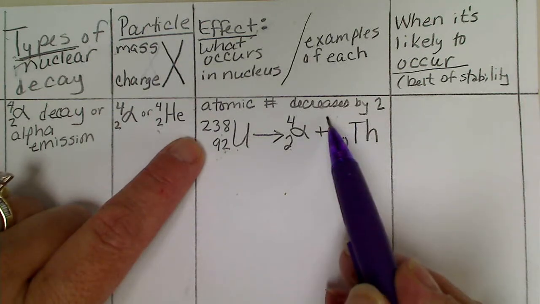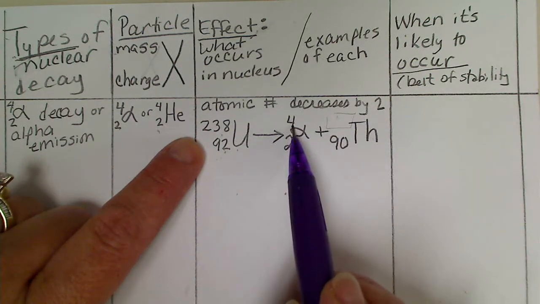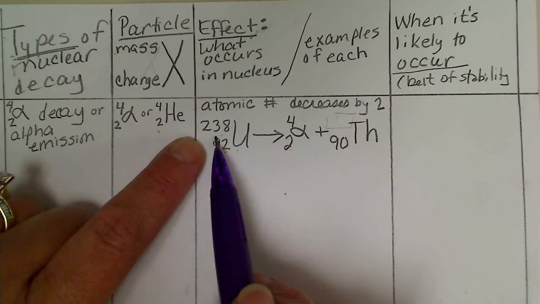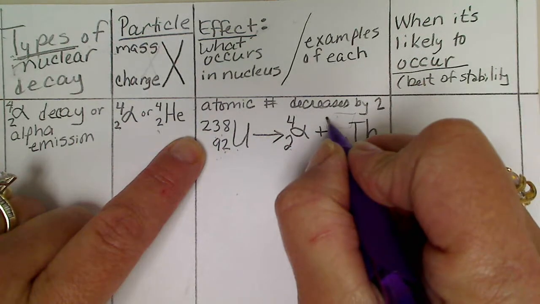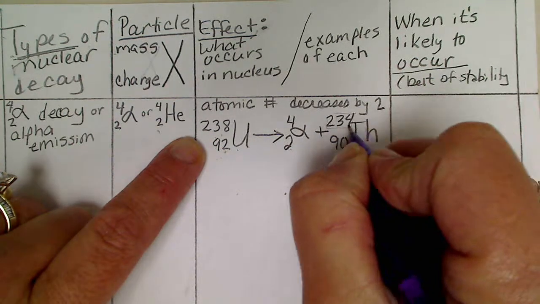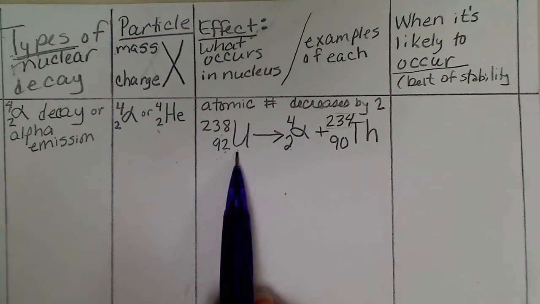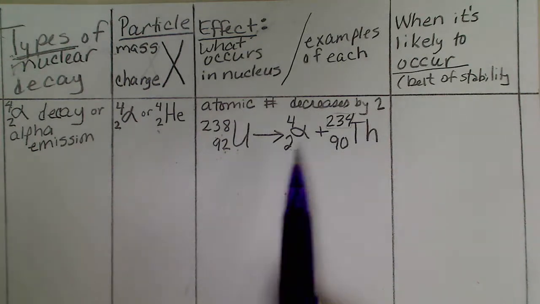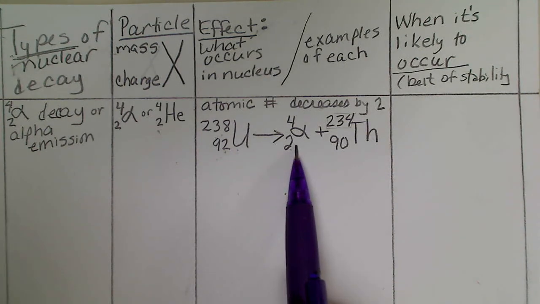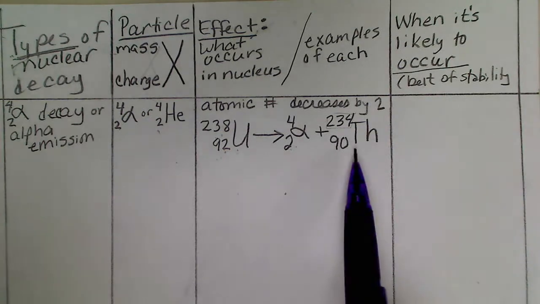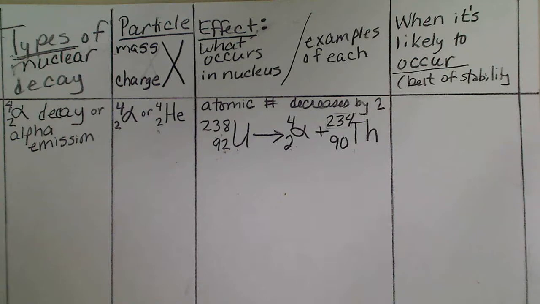So we just have to figure out what number plus 4 adds up to 238. So that is 234. So uranium-238, its nucleus basically spits out an alpha particle, and what's left is thorium-234.